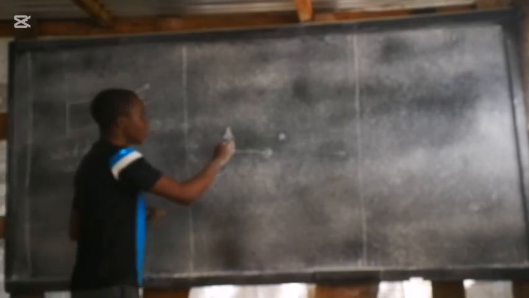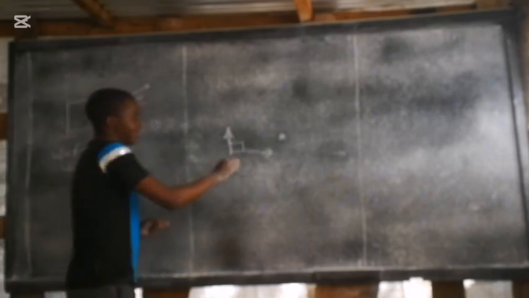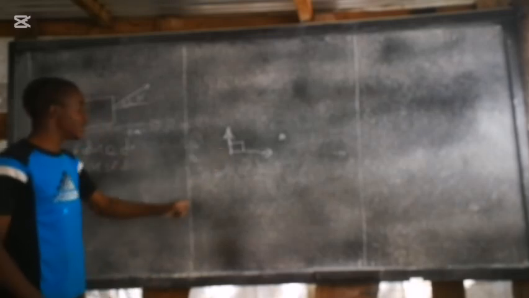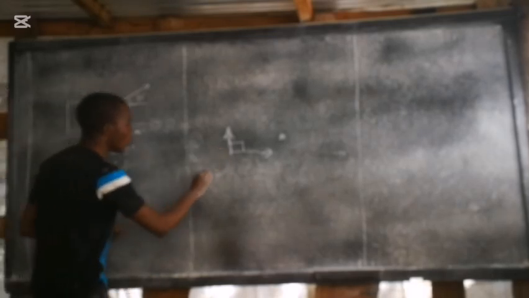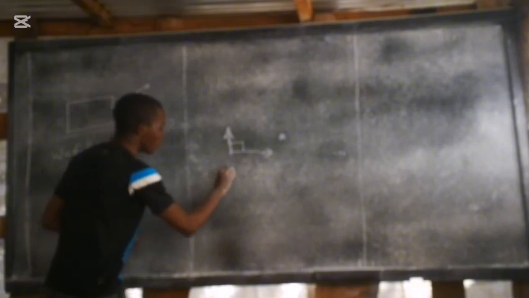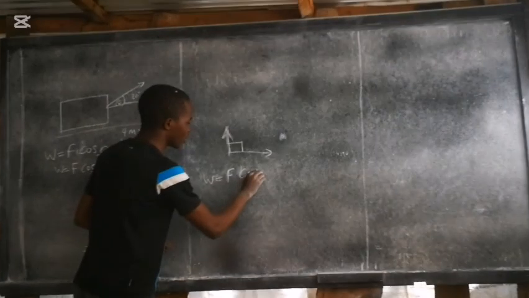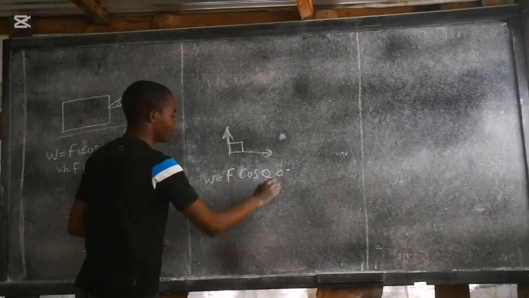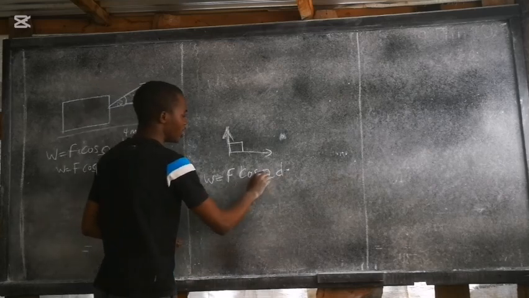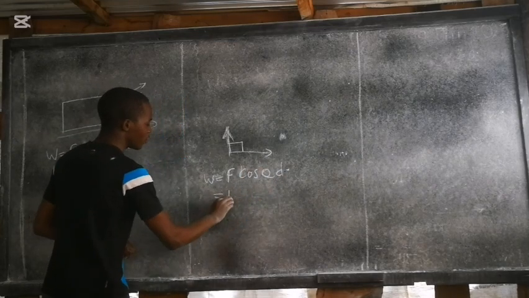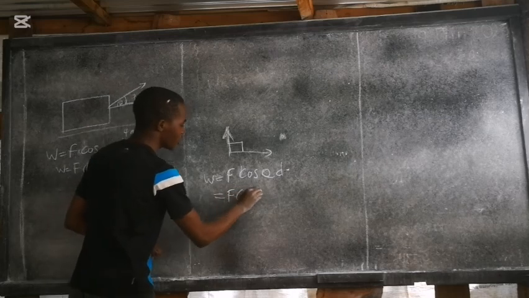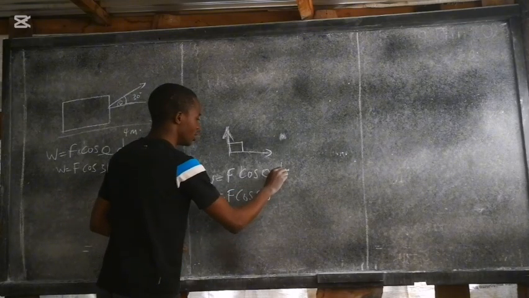Here it's making 90 degrees. So work is equal to force cos theta times d, where theta is 90, which is force cos 90 degrees times d.